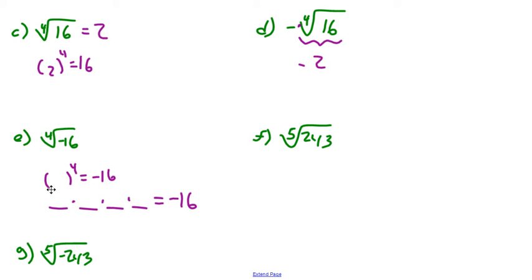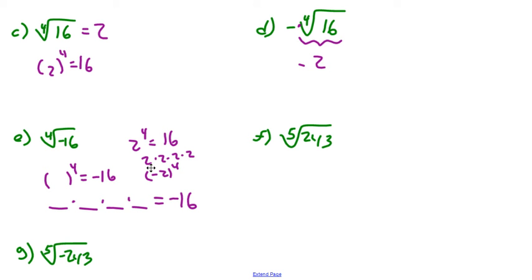Well, we know that if I multiply 2 to the power of 4, that is a positive 16, right? Because 2 times 2 times 2 times 2. Well, maybe you're thinking, let's just put negative 2 in there. What's negative 2 to the power of 4?